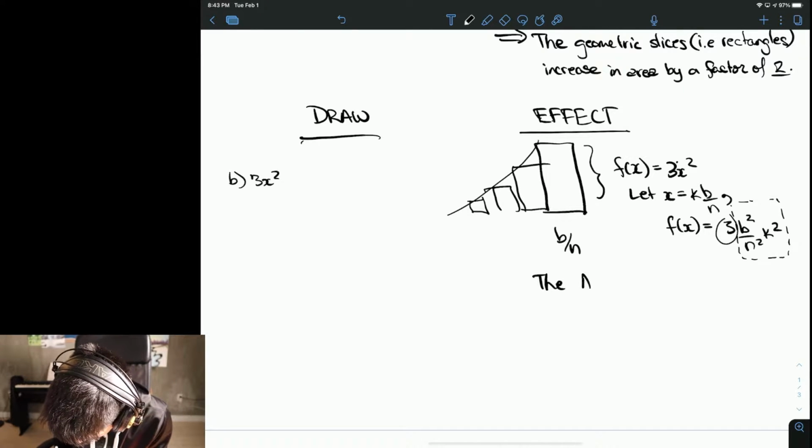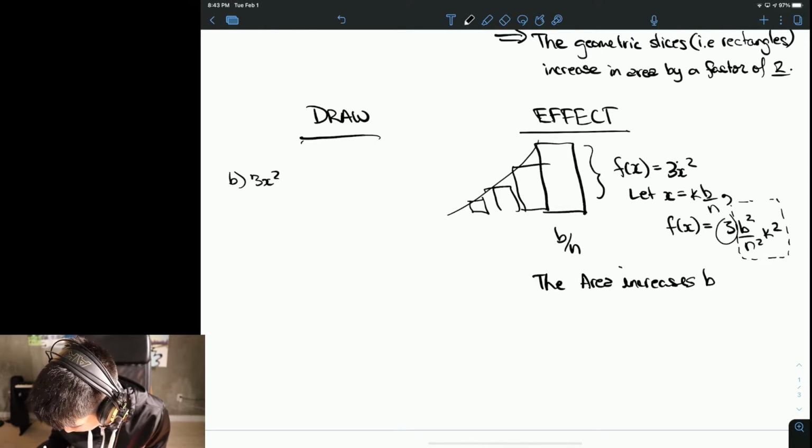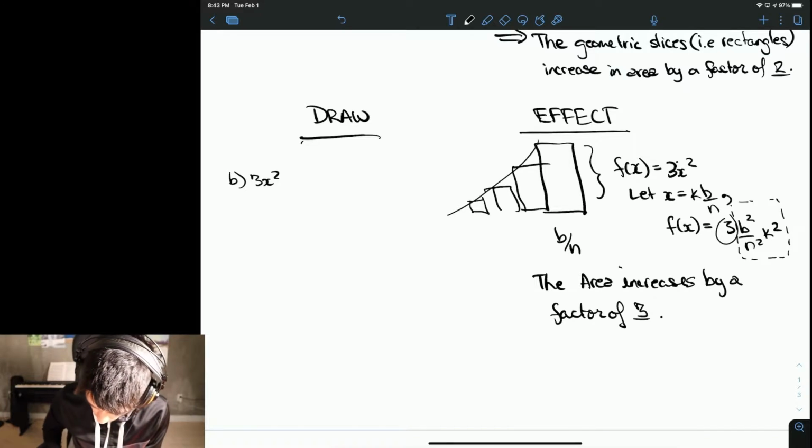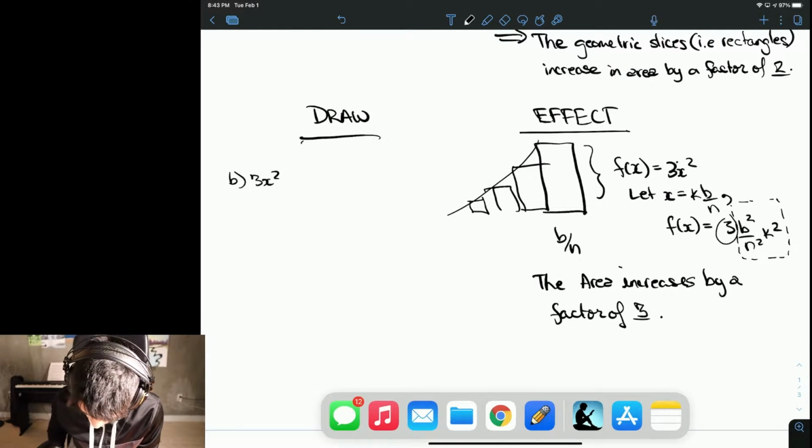The area increases by a factor of 3. Pretty simple. We can draw it as well.